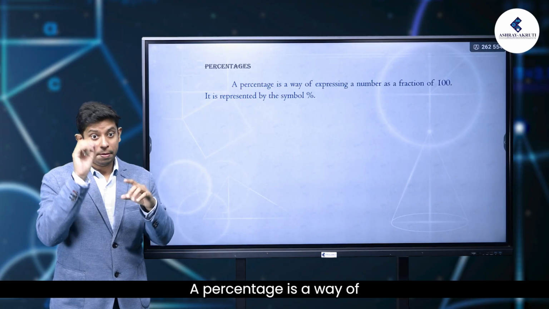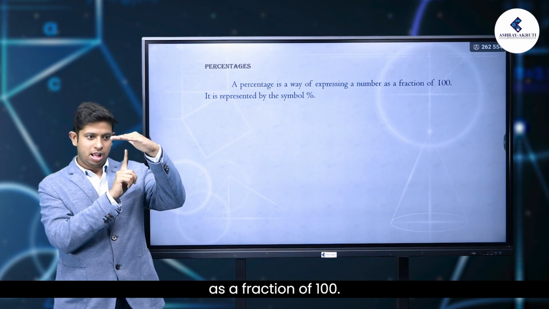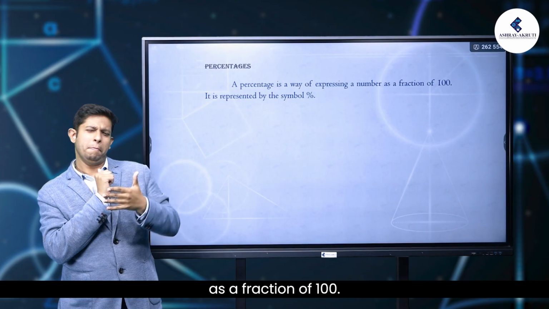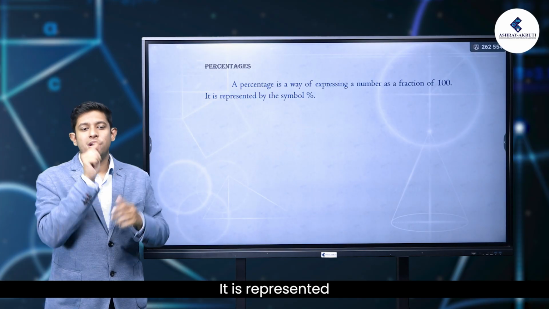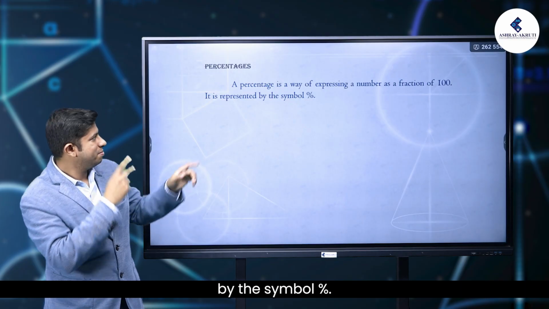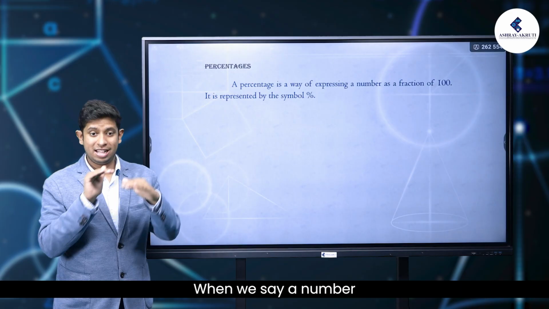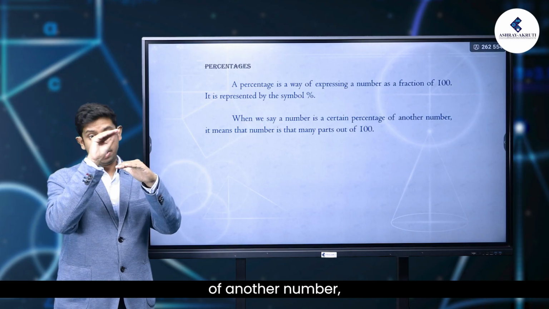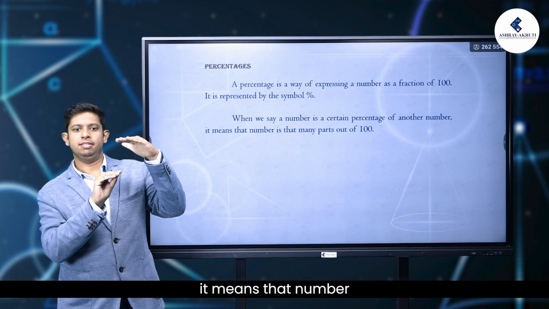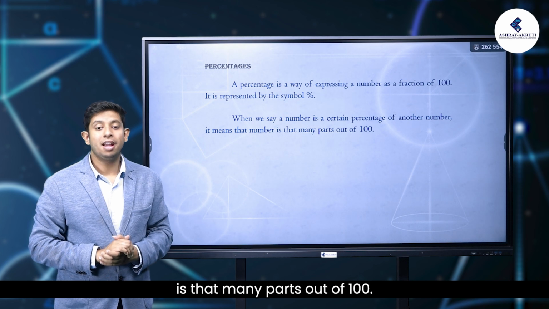A percentage is a way of expressing a number as a fraction of 100. It is represented by the symbol %. When we say a number is a certain percentage of another number, it means that number is that many parts out of 100.